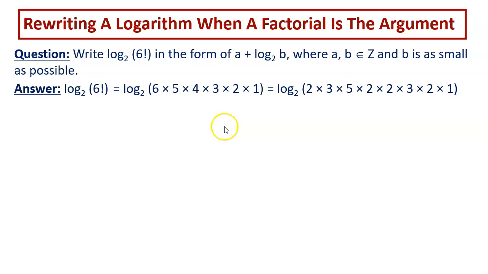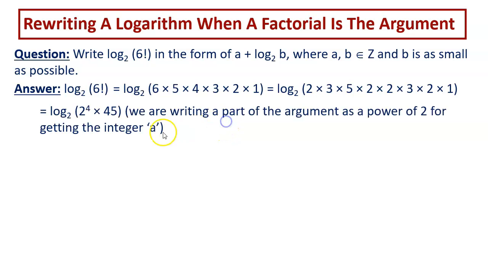We are now doing the grouping. So we may write this as 2 to the power of 4, which we have seen, times 3 times 5 is 15. 15 times 3 is 45. So it is log of 2 to the power of 4 times 45 to the base 2. We are writing a part of the argument as a power of 2 for getting the integer a, which I have explained previously.